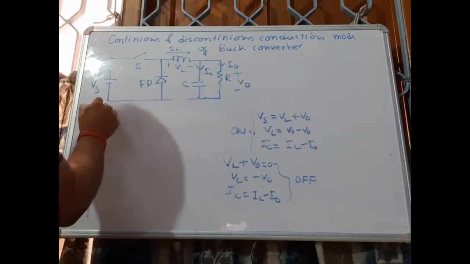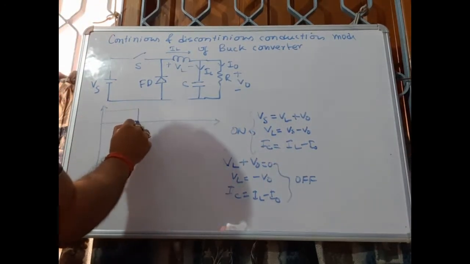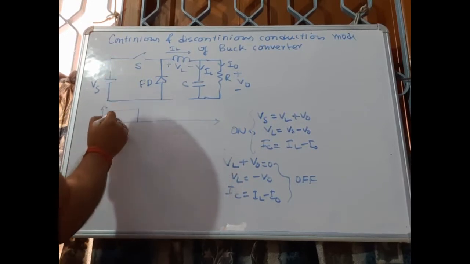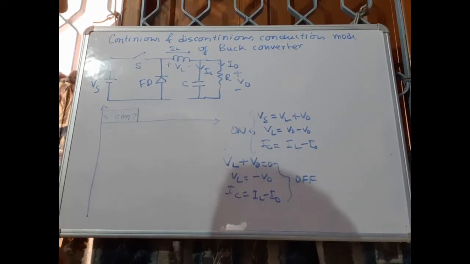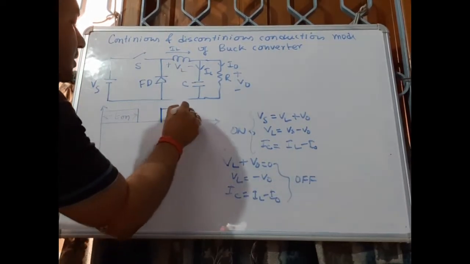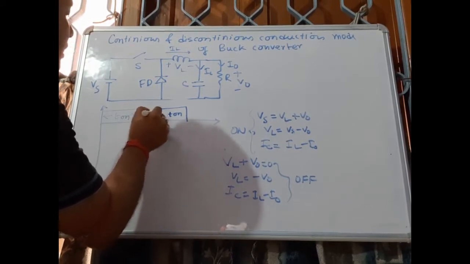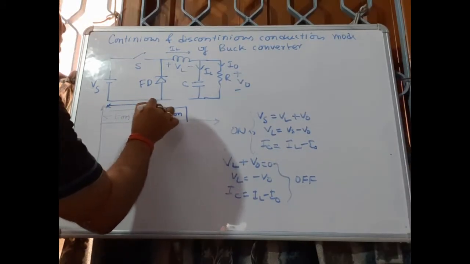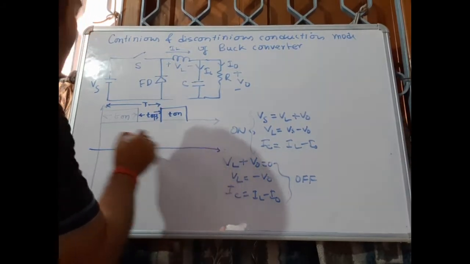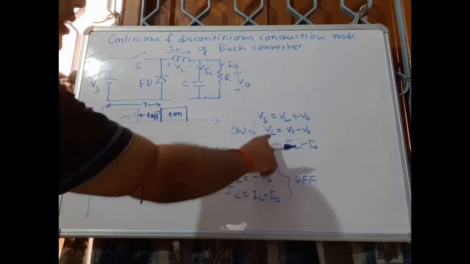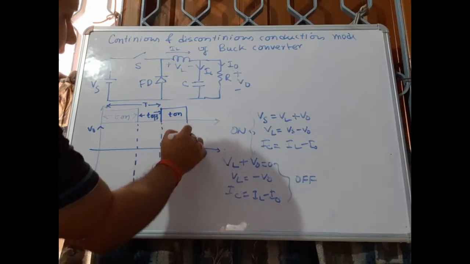Now suppose this is my switching, and this is when the switch S is on, this is T on, and again this is T on, and in this time this is T off, and this is your switching time capital T. Okay, now I plot V naught here, we have the on condition and the off condition.